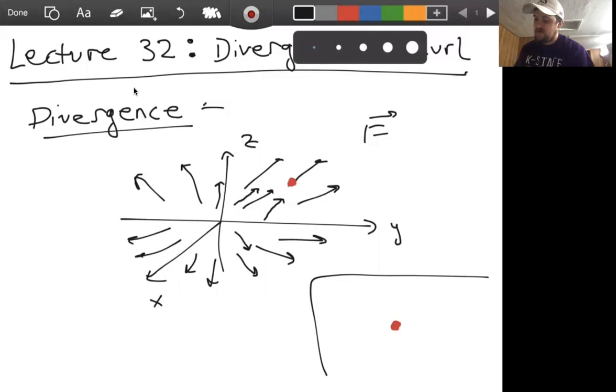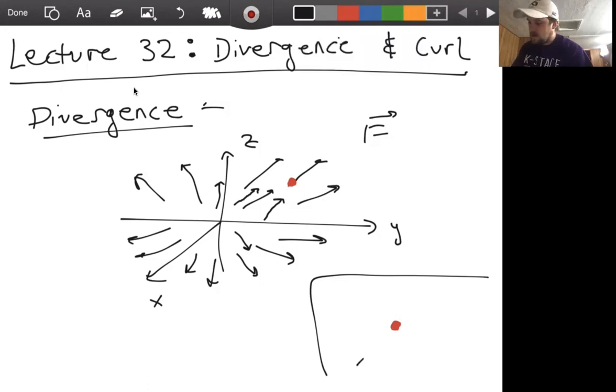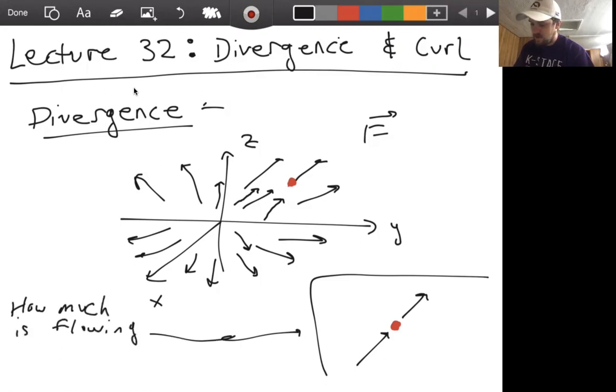If this vector field is representing like velocity of a substance or a fluid or something, you could ask, well, how much is flowing in versus how much is flowing out at a given point? How much is flowing in and out at a given point?